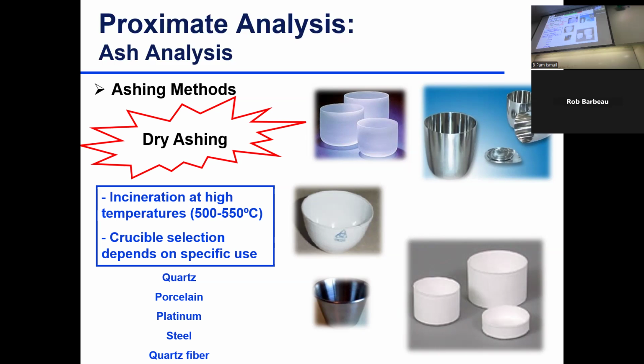But the problem with steel is you might have contaminants like nickel and iron in your sample. Quartz fiber is made up of quartz material, but a fiber that is porous. So it allows you to heat at really high temperature and good circulation of heat. So you get reduced time for ashing.